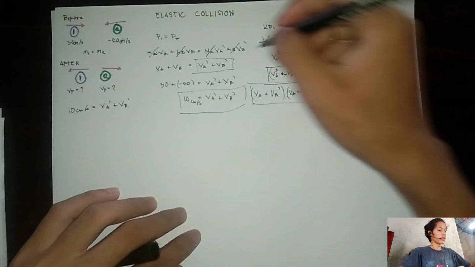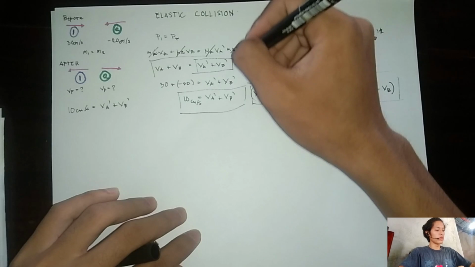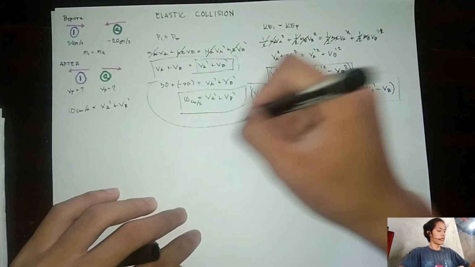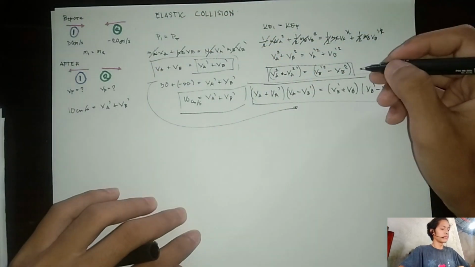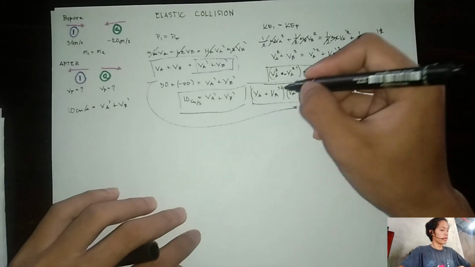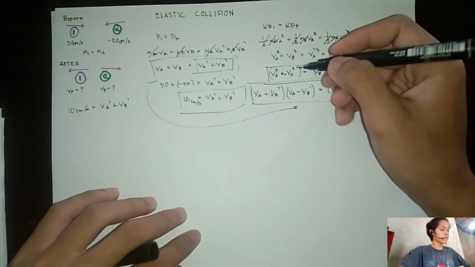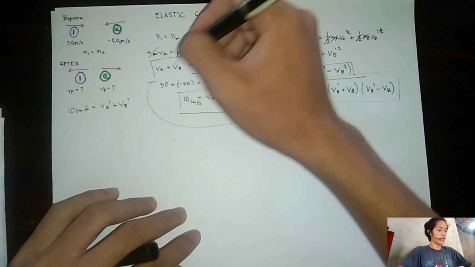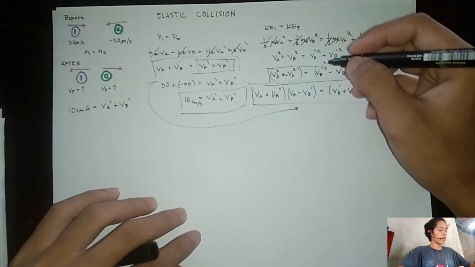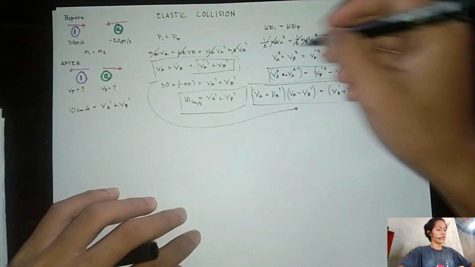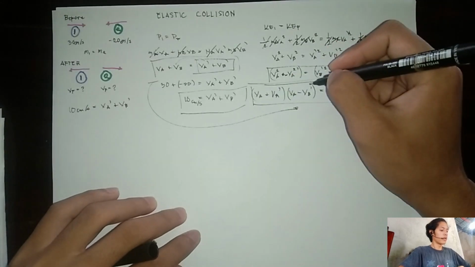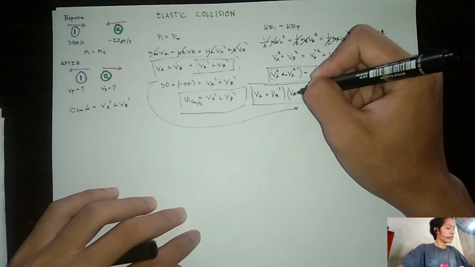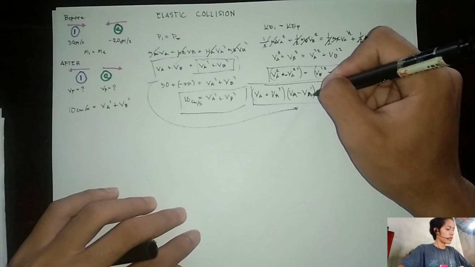Pwede natin gamitin yung naunang equation na ipang-divide dito. So, divide lang natin sila. Ito, pagpalitin natin yung magkabila para magkaroon tayo ng kamukha dito sa kabila.